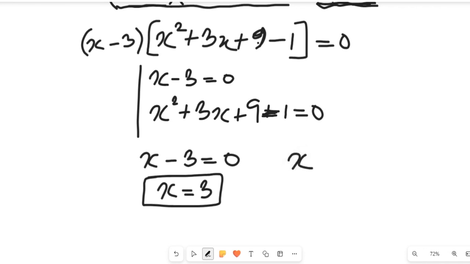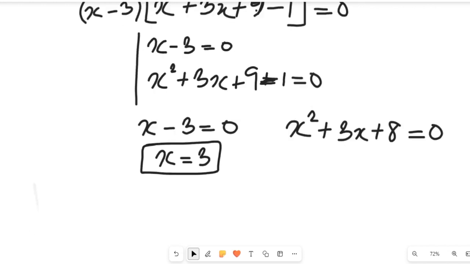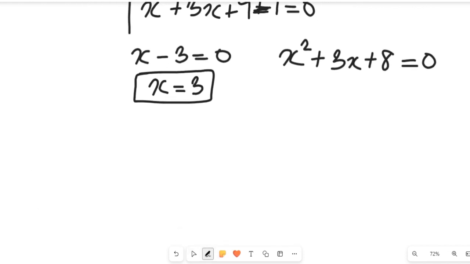Now let's look at the second solution. We have x squared plus 3x plus 9 minus 1, which is going to give us plus 8, and this is equal to 0. So we're going to solve this expression using the quadratic formula.